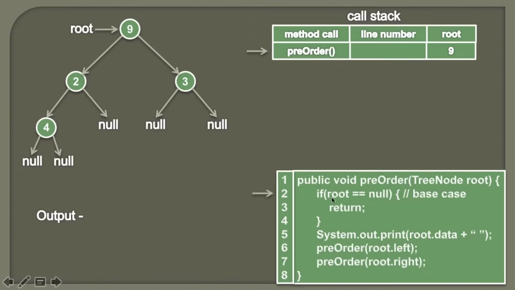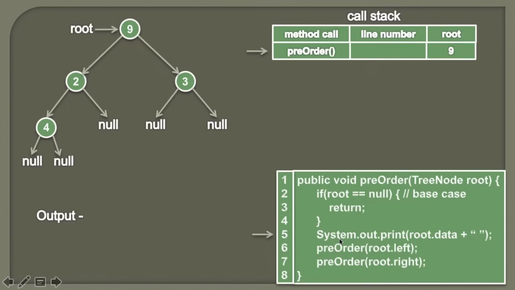So friends, we are providing this condition because this is considered as our base case, and as we are calling this pre-order method recursively, we need a point to exit this recursion, that when root is equal to null, then we simply return from that method. So currently you can see root is pointing to 9 here, so therefore it's not equal to null. So the condition in if block comes out to be false.